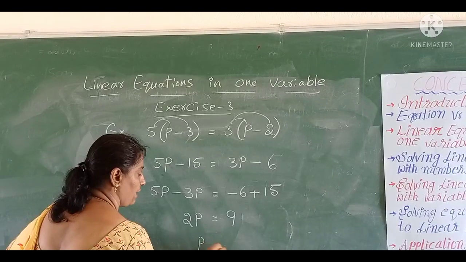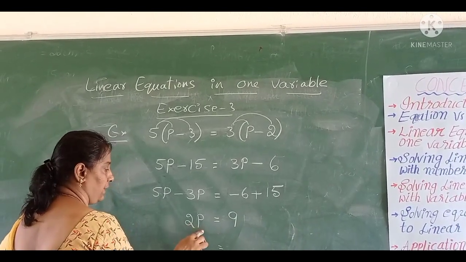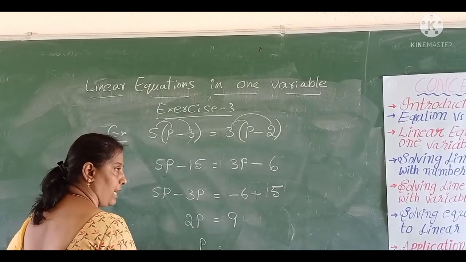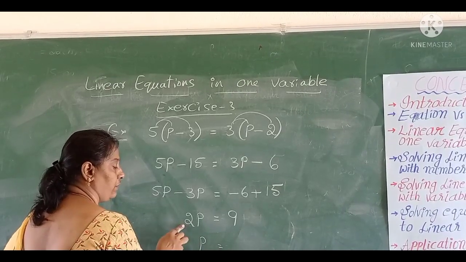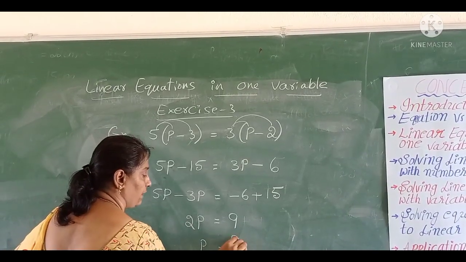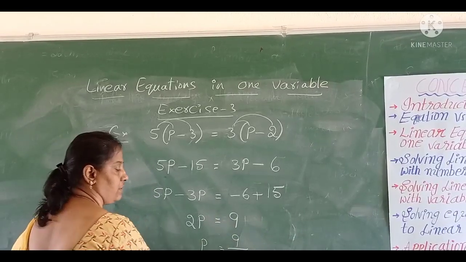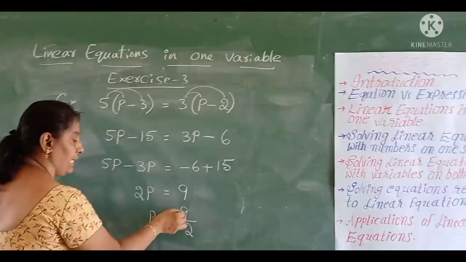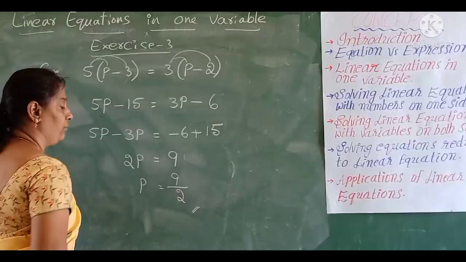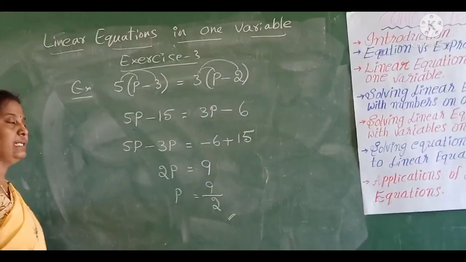So 2p means 2 into p. We have to find only p. Moving 2 to the right side, it will become division. We can't divide 9 by 2 further, so keep it like that only. p is equal to 9 by 2.